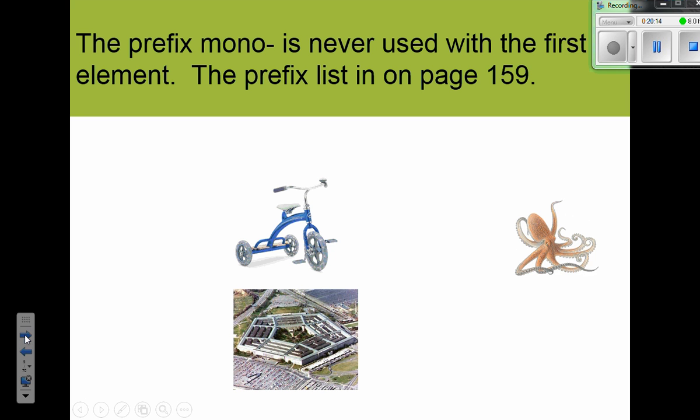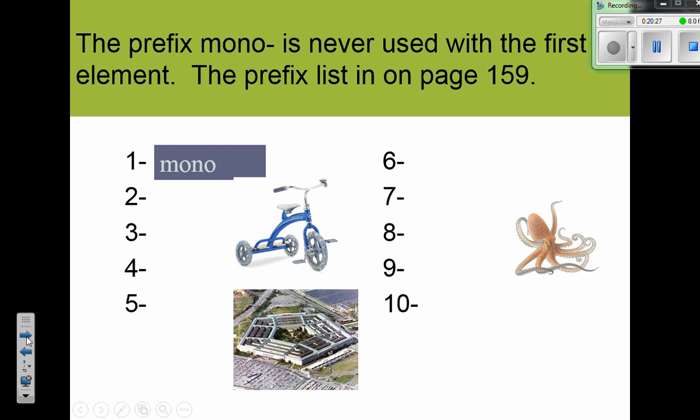Alright, so we need to put in our prefixes here. Some of them are filled in for you. If there's just one of something, that prefix is mono. So, will you ever need to put a prefix on the first element? Not if there's only one. But then why does mono exist? That's a really good question.